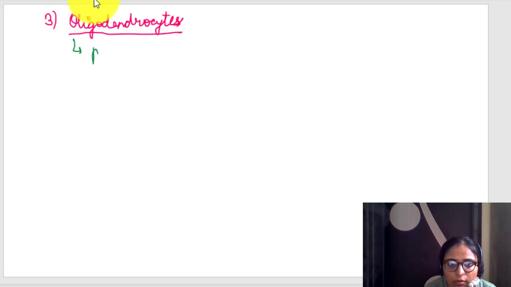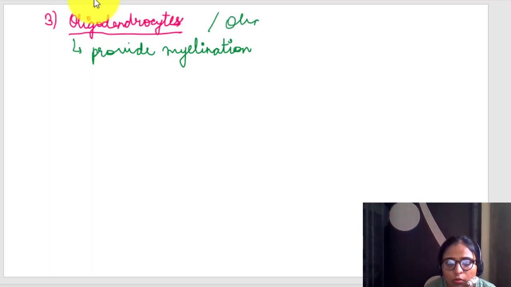They provide the myelination. Okay, they provide the myelination. Fine. So oligodendrocytes are also called oligodendroglia. You can say oligodendrocytes or the oligodendroglia.